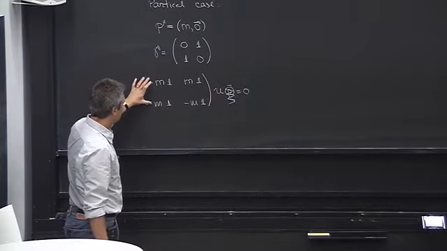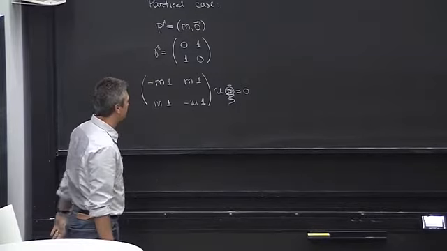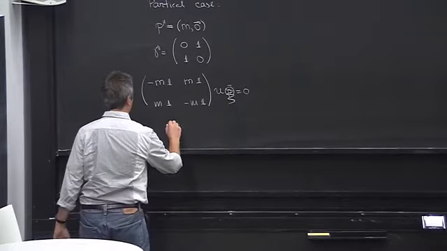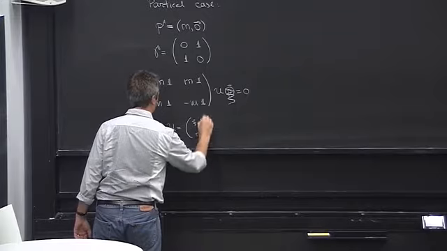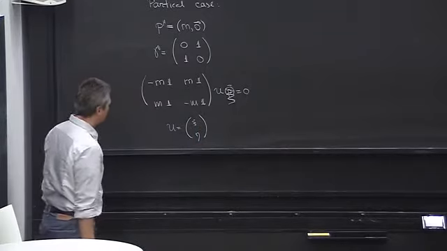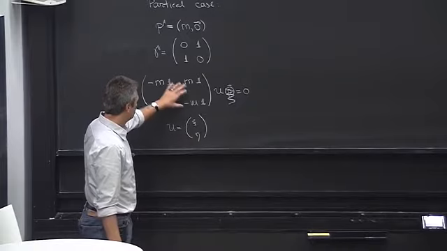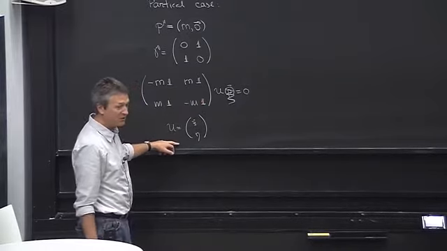Okay, so if you write u in terms of 2 by 2 blocks, psi, say nu, and eta, then the two equations that you obtain by substituting it in the equation are just one and the same equation.